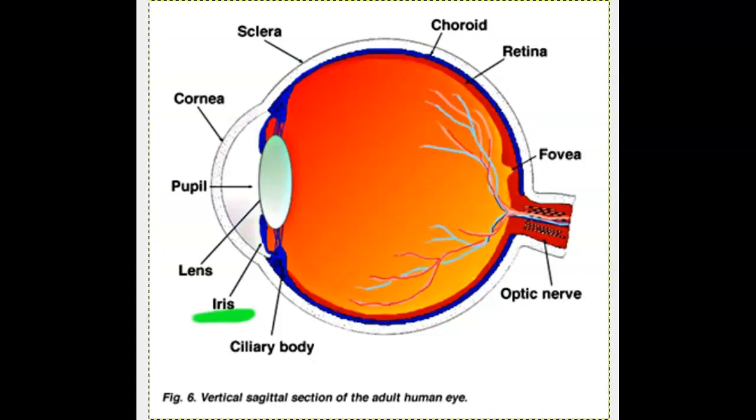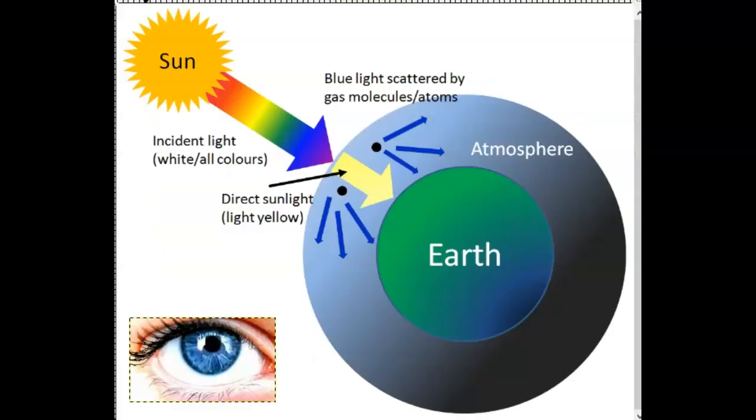I have blue eyes, but my eyes are not really blue, just like the sky is not really blue. The reason why the sky is blue is because blue light, those wavelengths, are going to be scattered by gas molecules or atoms.